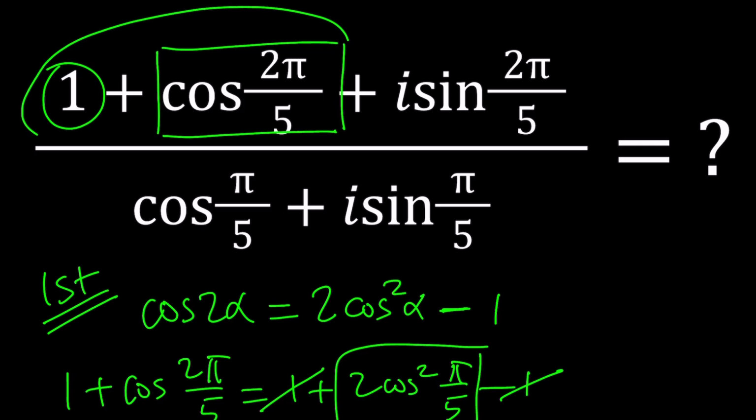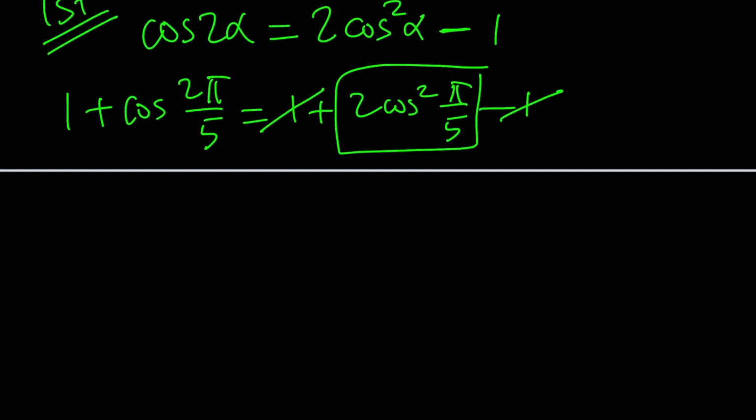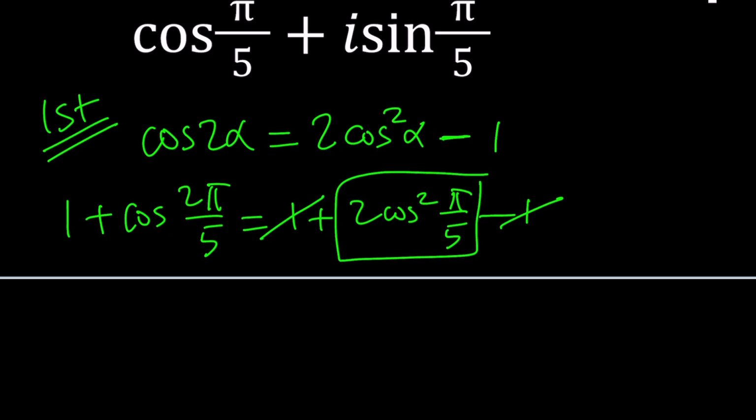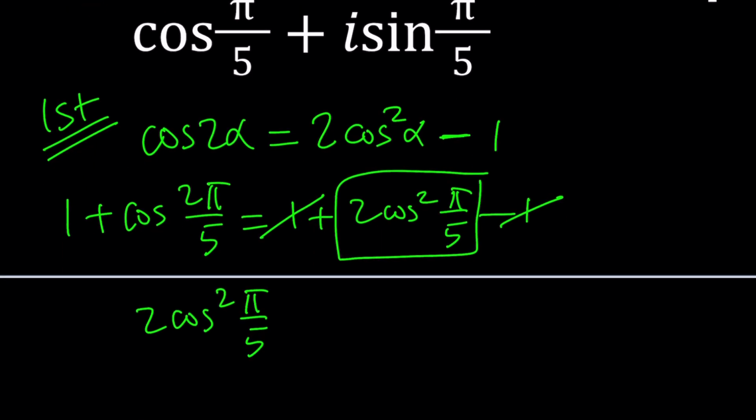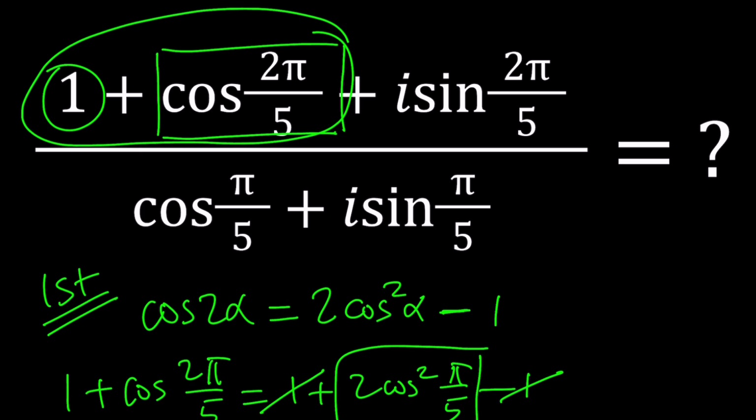Let's go ahead and do that. And we're going to get 2 cosine squared pi over 5, and then plus i sine 2 pi over 5.